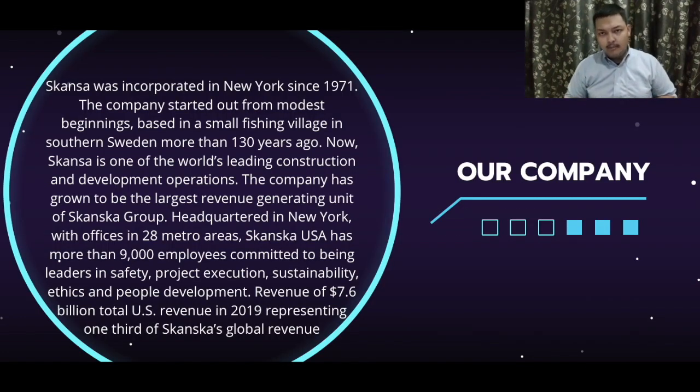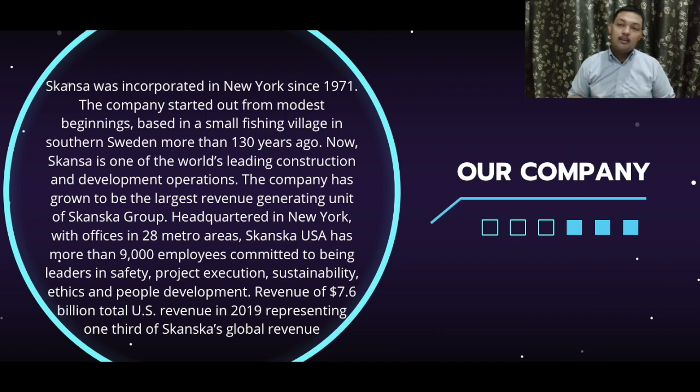Let's take a look into the company background. Skanska USA was incorporated in New York in 1971. The company started out from modest beginnings, based in a small fishing village in southern Sweden, more than 130 years ago. Right now, Skanska is one of the world-leading construction and development operations. The company has grown to be the largest revenue-generating unit of the Skanska Group.